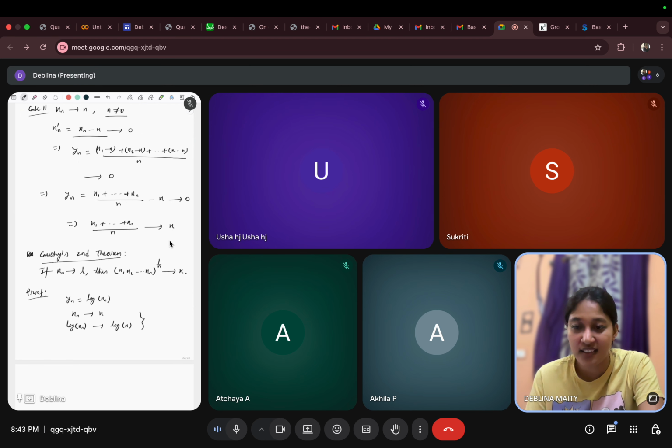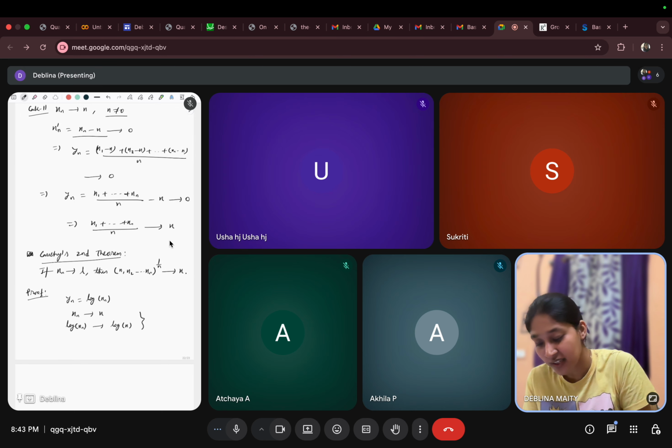You will see that in the next classes when continuity comes. If f is continuous, then xn converges to x implies f of xn converges to f of x for all sequences. So this is an if and only if condition, and we are going to use that here. So log xn will converge to log x.